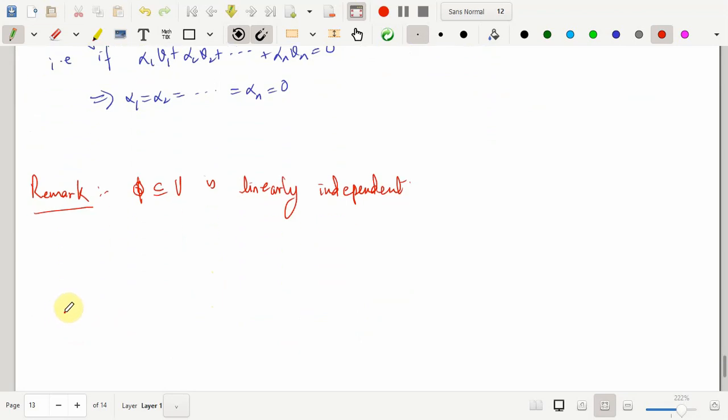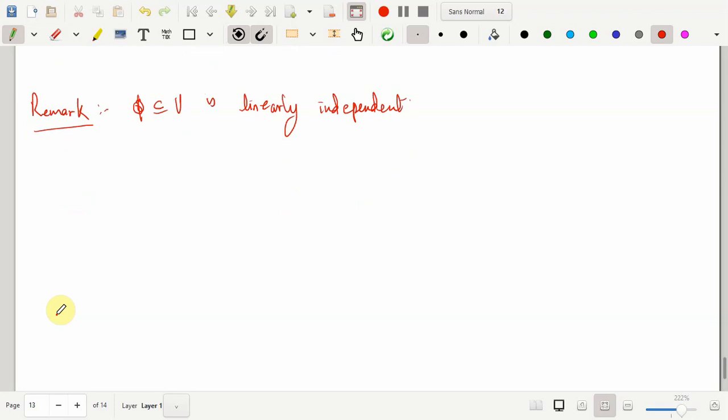So let's look at some examples of these sets. And here, when it comes to subsets of Rn, the system of equations plays quite an important role. Let's look at how.